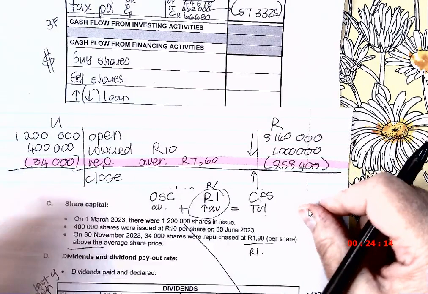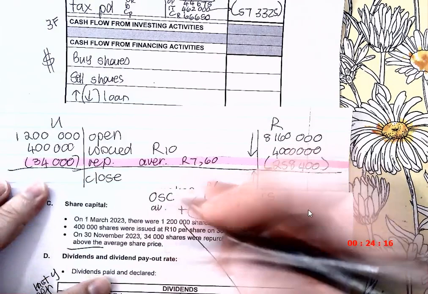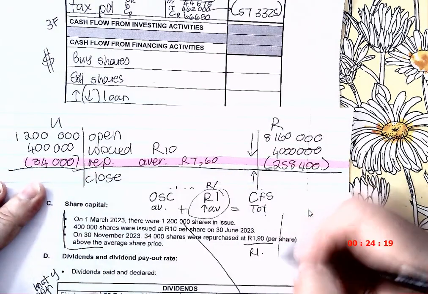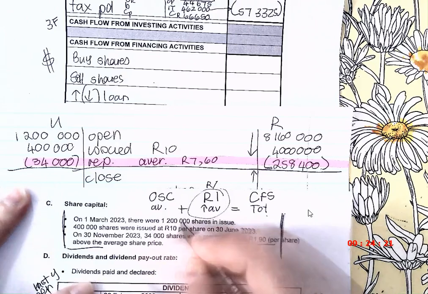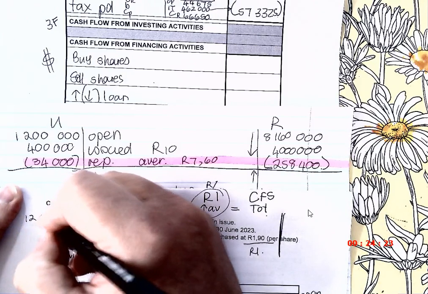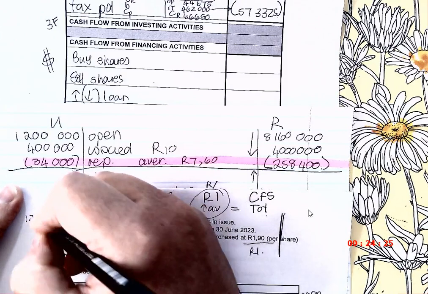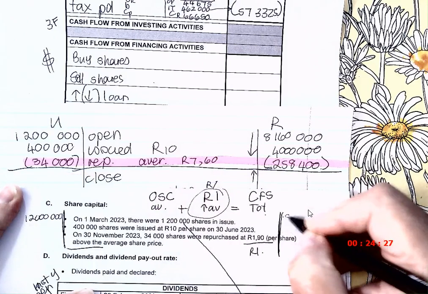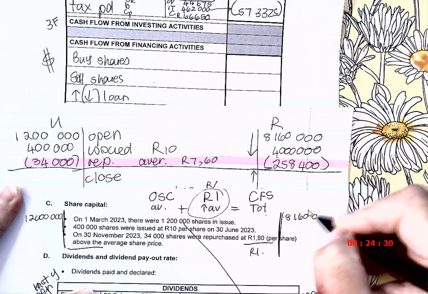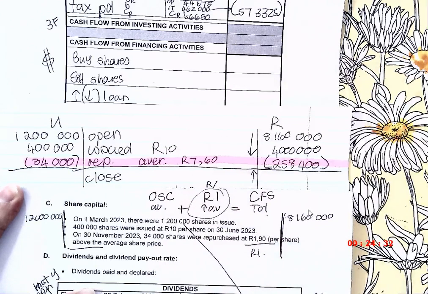So what you do is you just do a line and a line. Ne? So the first, I've got 1.2 million. Can you see what I'm doing? I'm using this as my format, so I don't have to redo everything. You get what I'm saying?